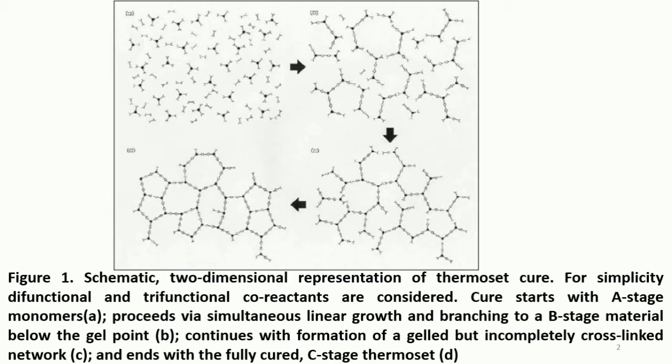The cure continues with the formation of a gelled but incomplete cross-linked network as in figure C, while in case of figure D, the cure ends with the fully cured C stage thermoset.